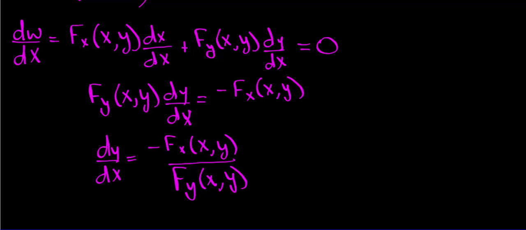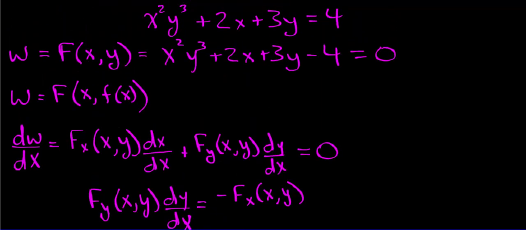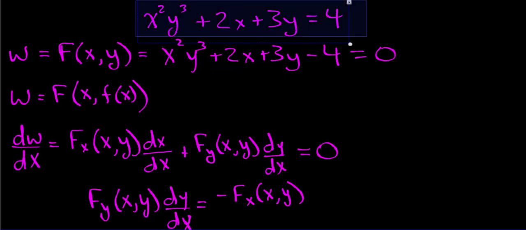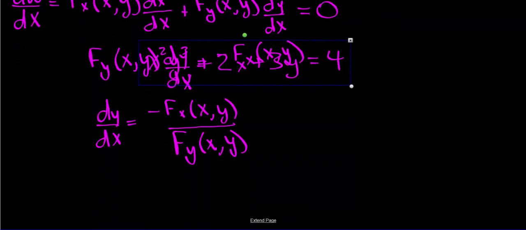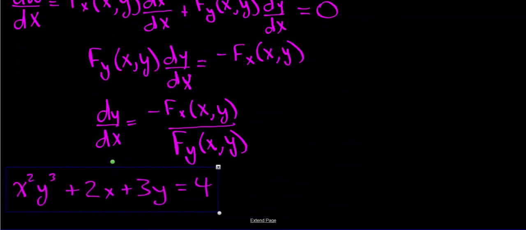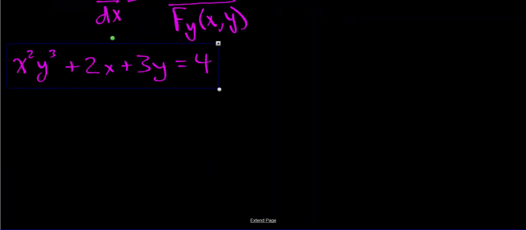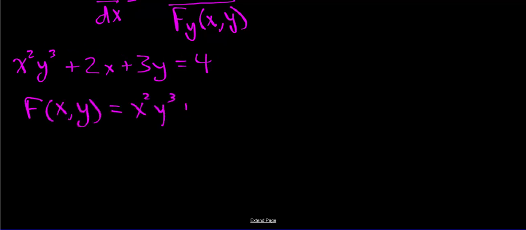Now I want to look at this thing right here and show you how it works. So here's what we started with, and I want to rewrite it this way: x squared y cubed plus 2x plus 3y minus 4, equals 0.